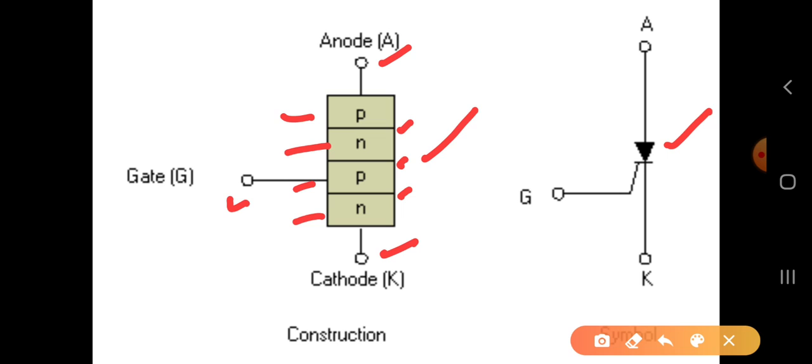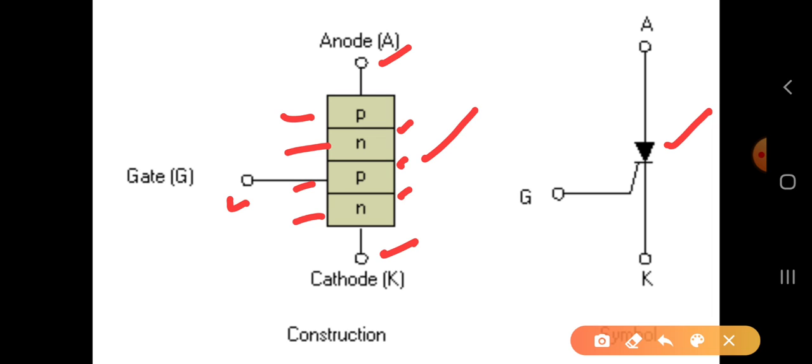So 3 terminals are taken: one from the P type material called the anode, the second from below, the N type material, called the cathode, and the third from again the P type material, called the gate.